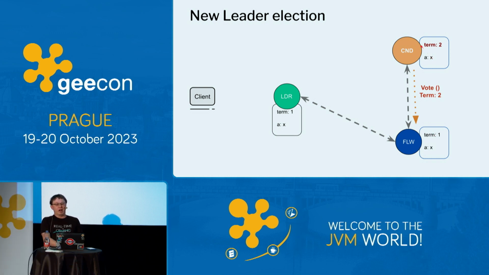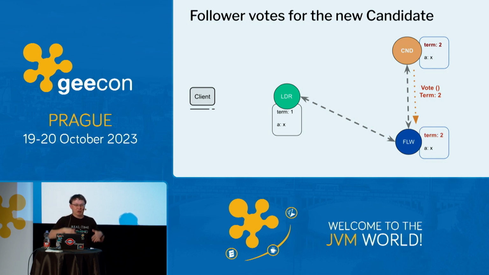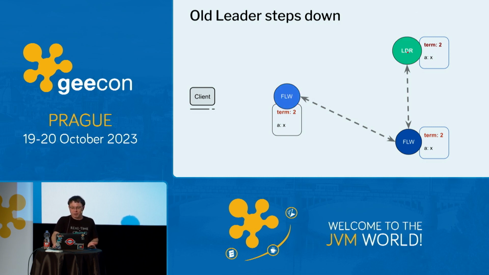Because this term number is higher than the leader's term number, it decides that something happened in the network and this is the new leader, and by design it accepts the vote request and responds that it is okay, that this candidate will become the new leader.